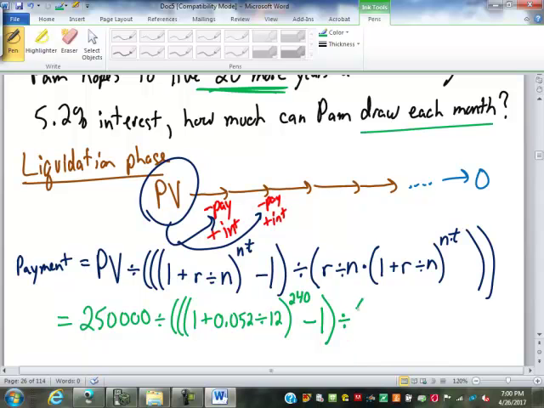Divided by, open parentheses, 0.052 divided by 12, times, open parentheses, 1 plus 0.052 divided by 12, close parentheses, power of 240, close and close.